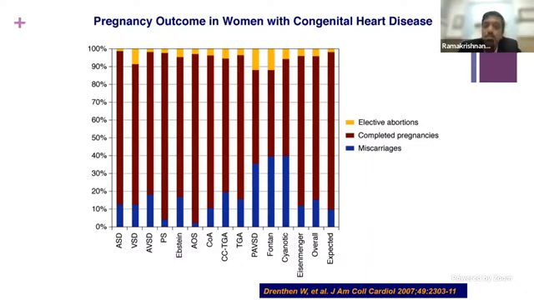Whereas the fetal outcomes are really very bad in the Fontan, pulmonary atresia group and severely cyanotic patients, where completed pregnancies are the least. If you remember this, and some of them are very well tolerated, for example, PS is absolutely well tolerated by both mother and fetus, and many of them are in between.